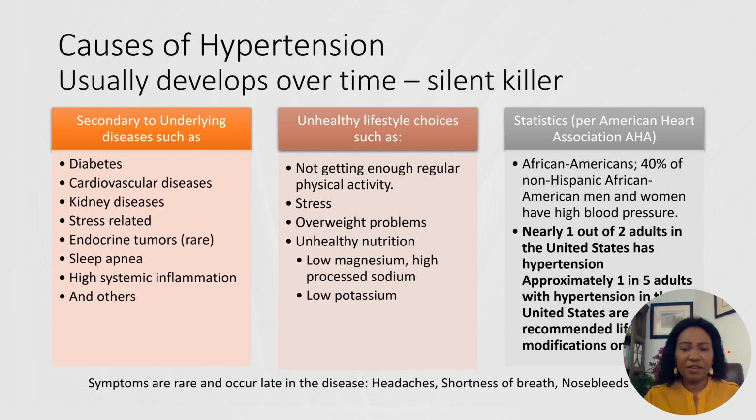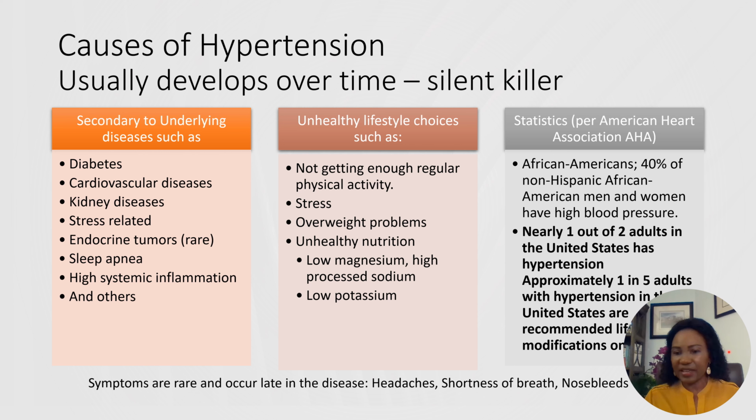These are really grim, very grim statistics. Please share these videos so more and more people can become aware. Approximately 1 in 5 adults with hypertension in the US are recommended to modify their health behaviors, lifestyle choices.